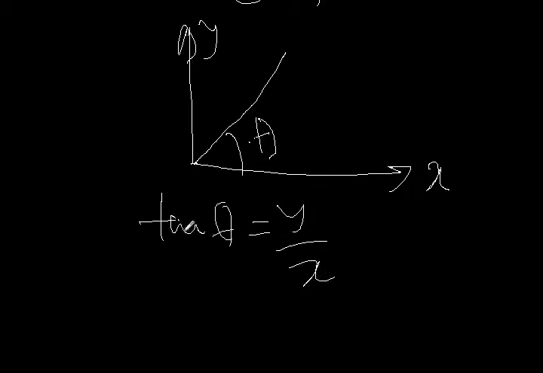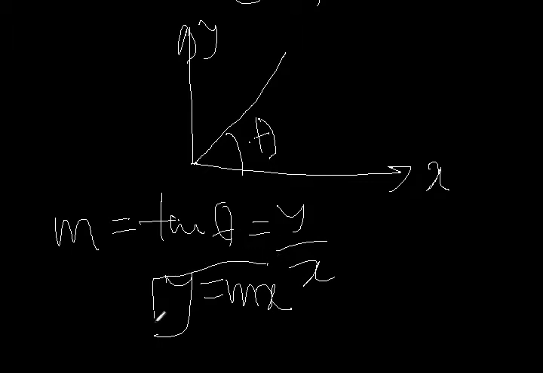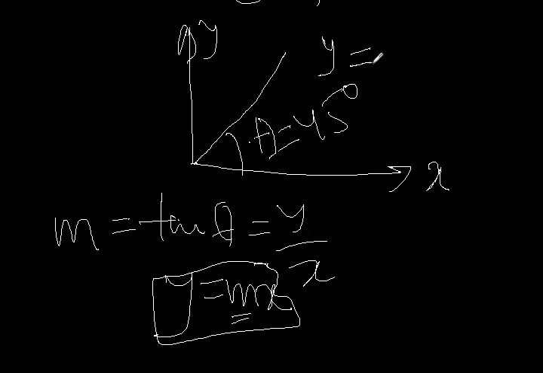This tan theta is called the slope, or the gradient, and it's expressed by the letter m. So you see I have an equation y is equal to mx. So I say that this is a fundamental equation of a straight line with a slope of m, which is tan theta. So if this angle is 45 degrees, then I can say that the equation of this line is y is equal to x.